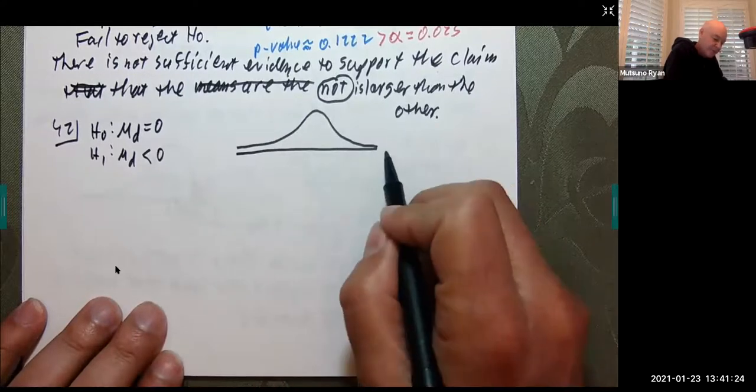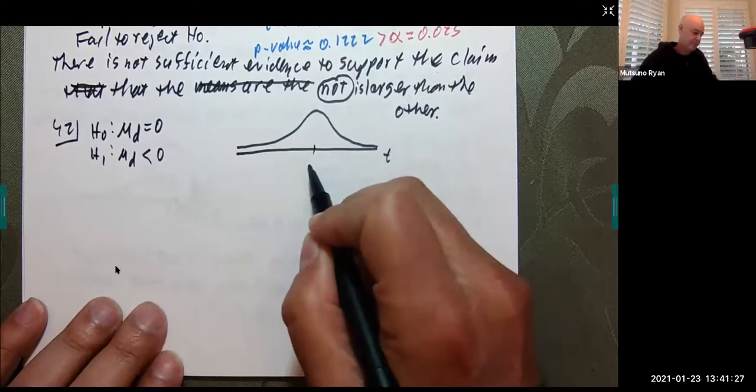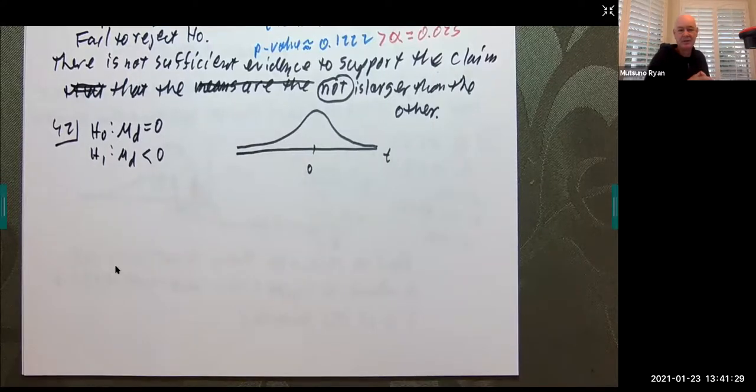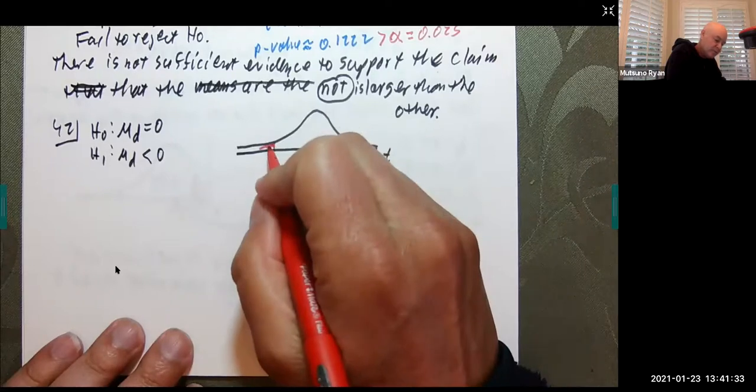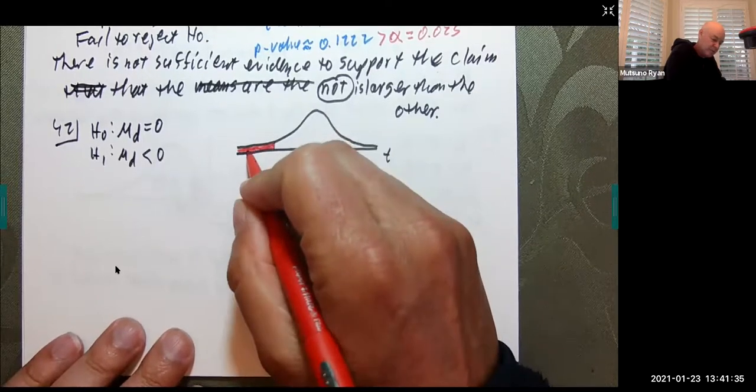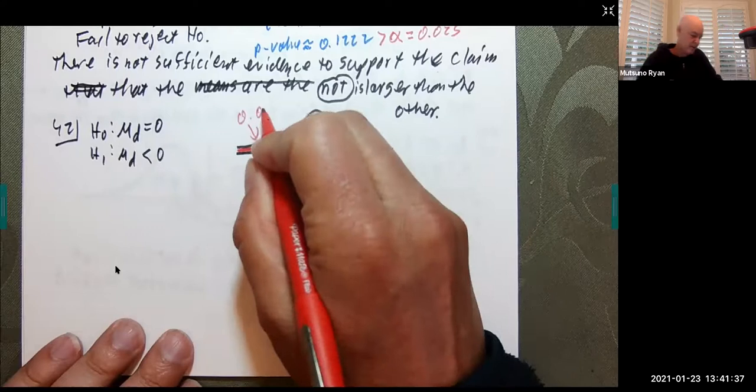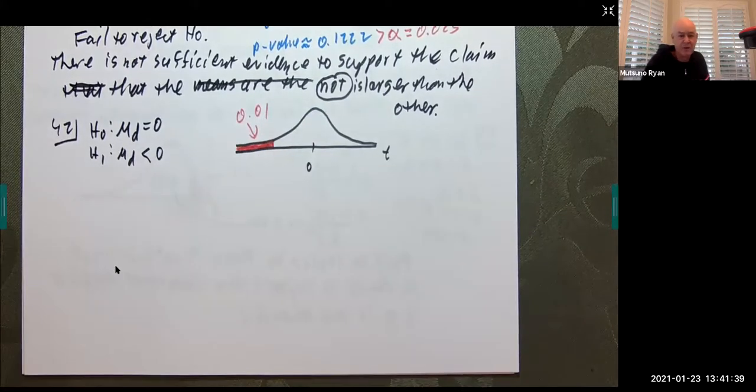This is a t-distribution. They give us an alpha of 0.01. And I want to find that critical value. Now, I want to notice that there are 1, 2, 3, 4, 5 pairs.